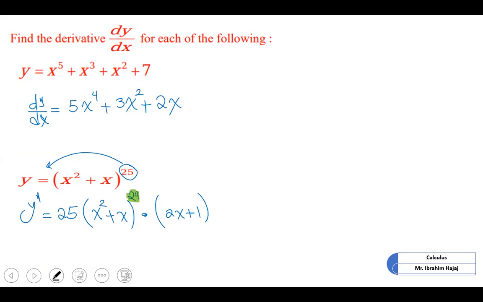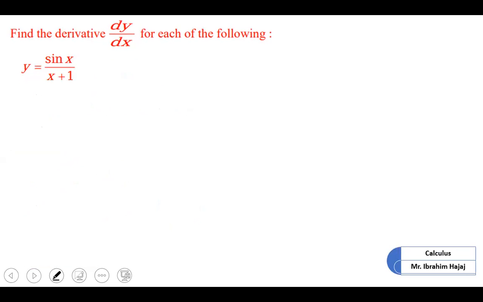Okay, next. Find also dy over dx of the function y equals sine x over x plus 1. Directly, as we practiced before in our revision time, when we have a fraction, we have to use the quotient rule.